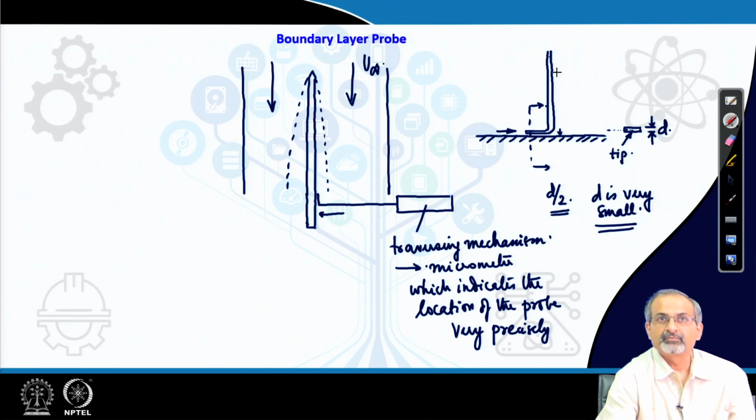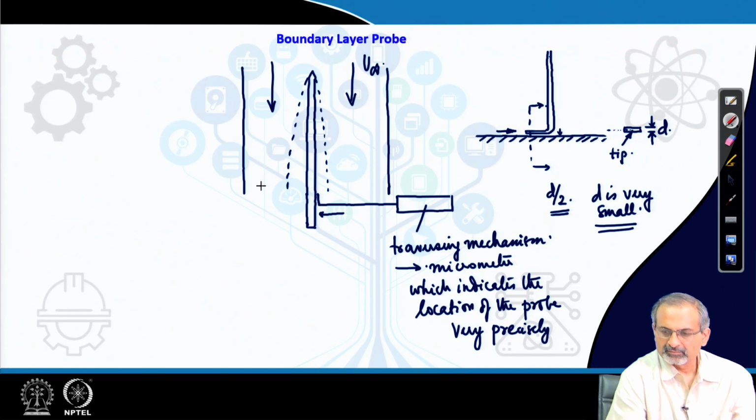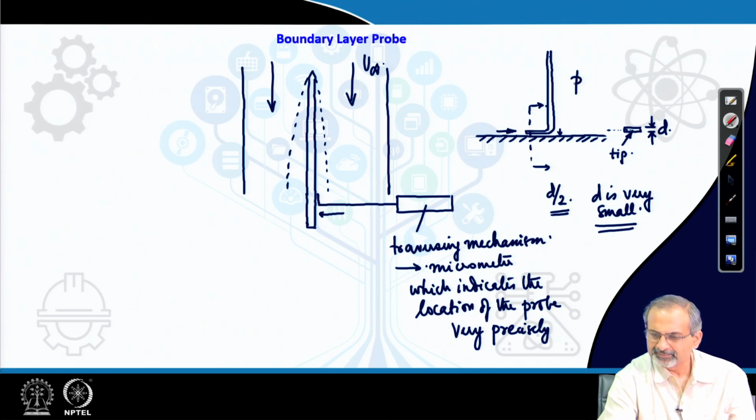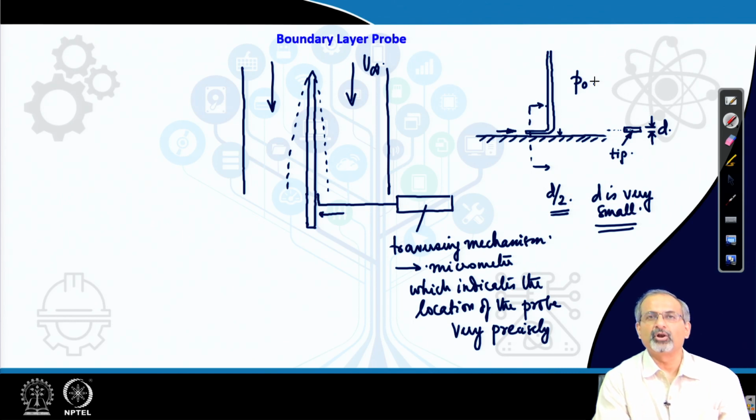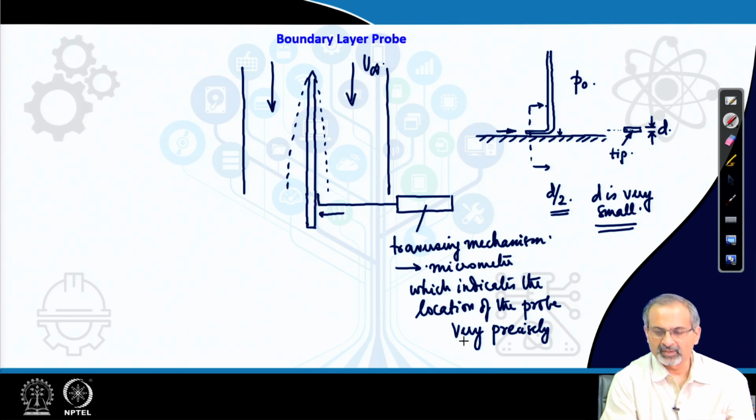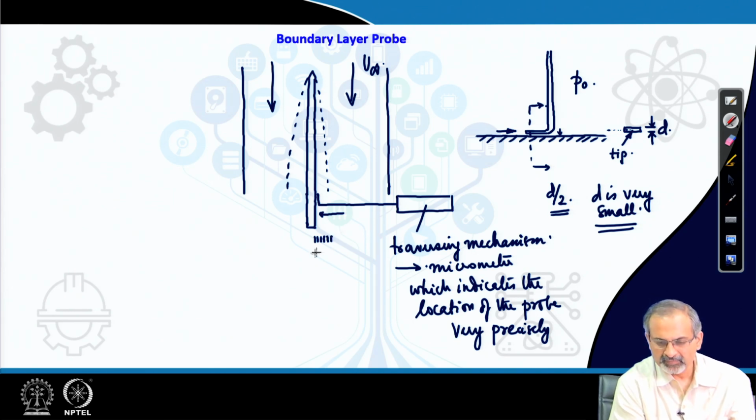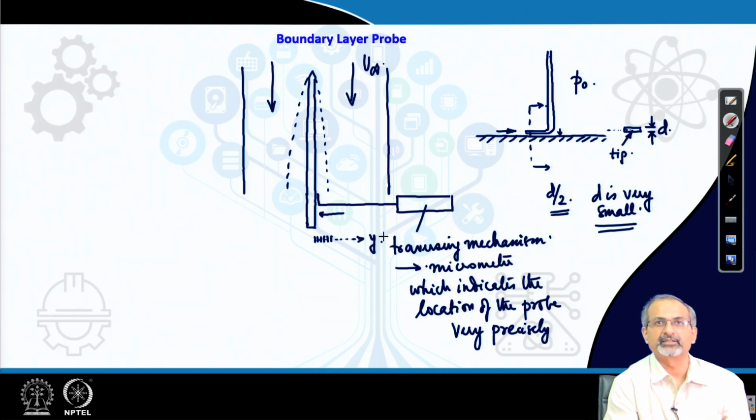Now, the tip of the probe essentially reads the P naught, the stagnation pressure, and as you move it from one location to the other by very gradually moving it away from the wall, you have the reading, let us say, at different y locations.